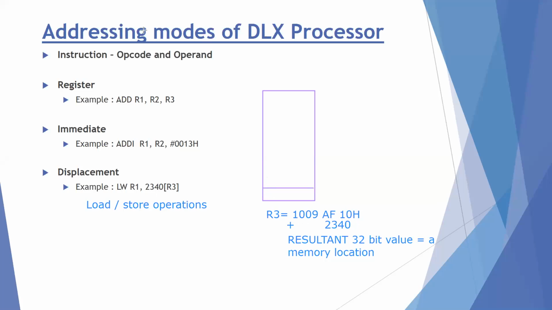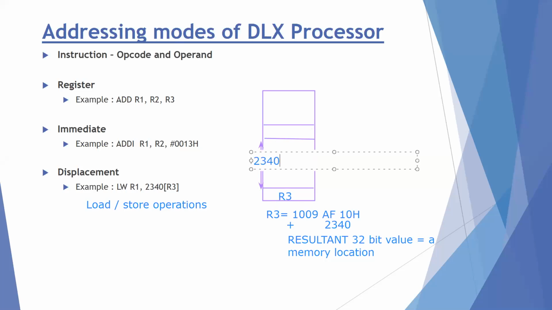Say suppose R3 contents point to this location in the memory, for example, right? And then the data has to be picked up somewhere from here. And the distance between them in terms of locations, the offset, turns out to be, say, this is 2340, right?